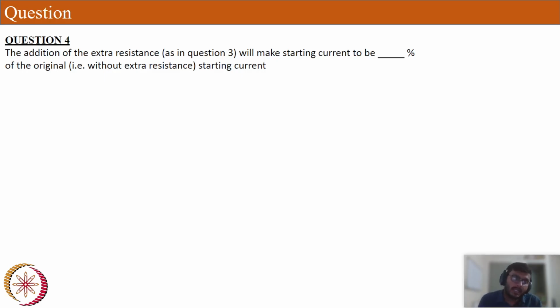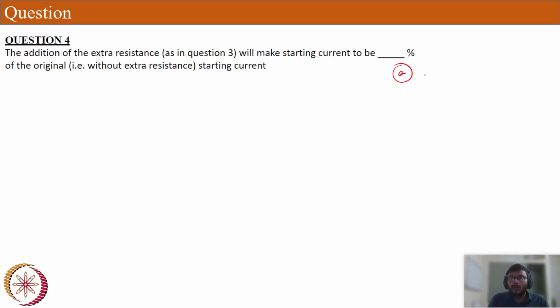So yeah, let's see another question with the same data. See, the addition of extra resistance as in question 3 will make starting current to be dash percentage of the original, that is without extra resistance. Okay, so we have two cases now.